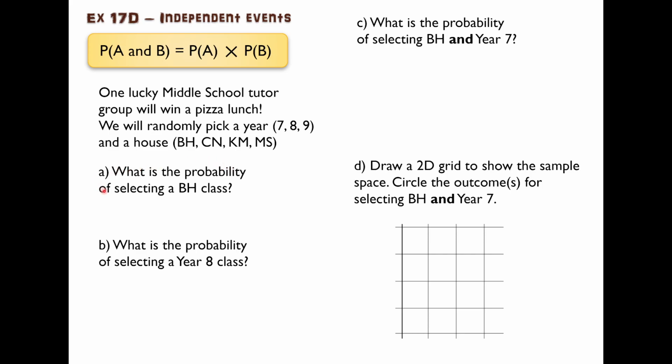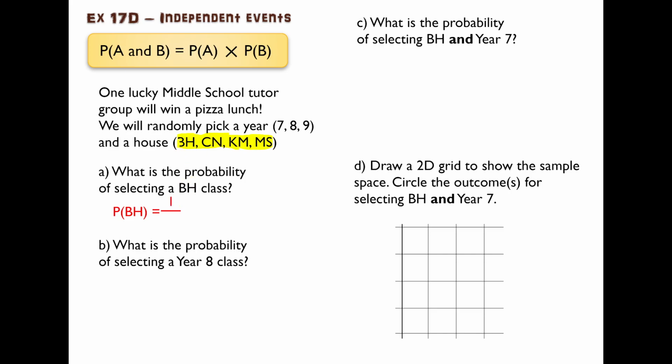First of all, what is the probability of selecting a BH class? To do this, we can write the probability of BH is, out of these outcomes, how many of these outcomes match BH?